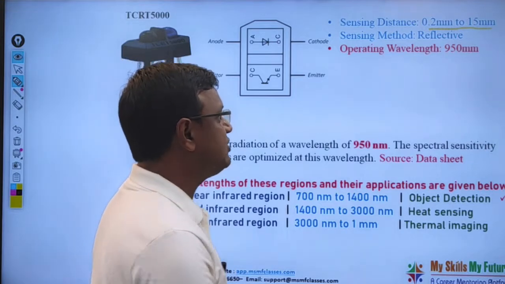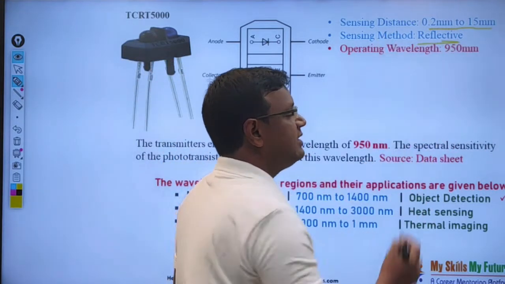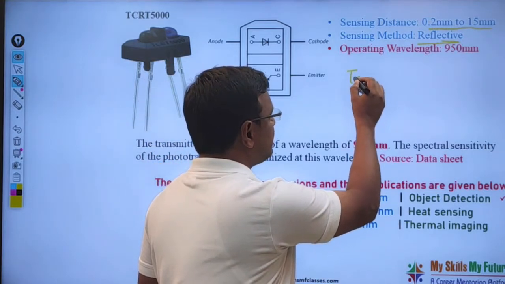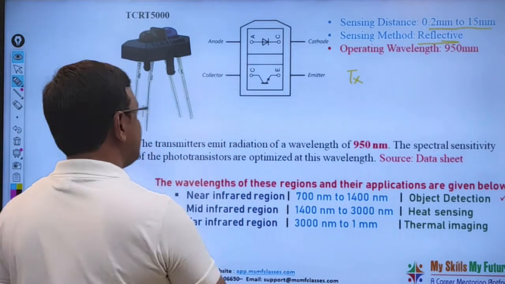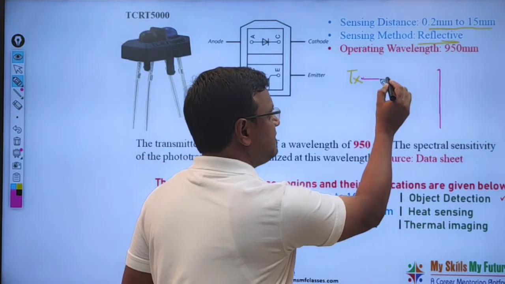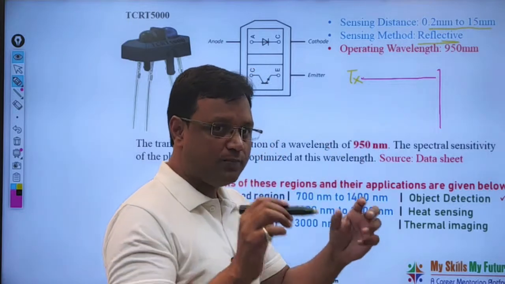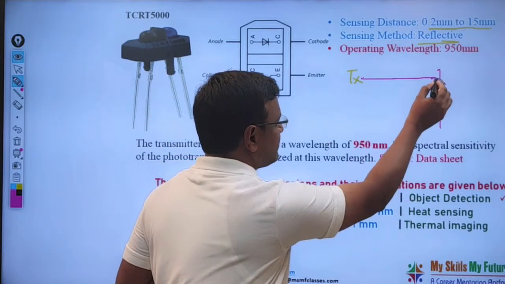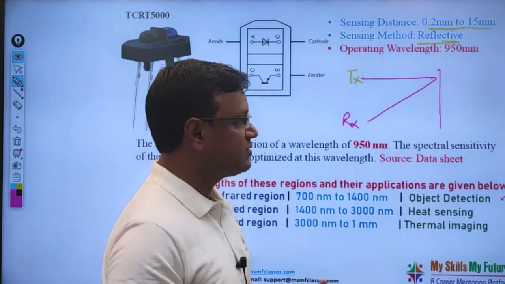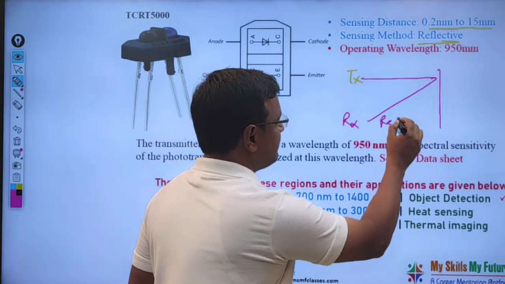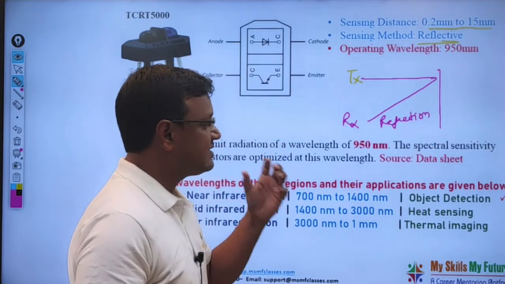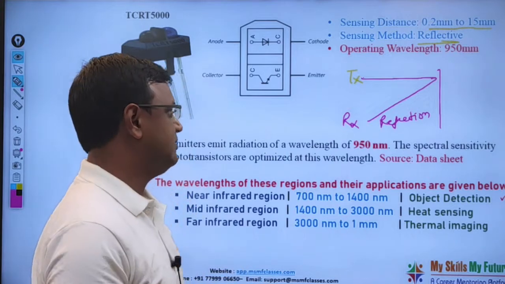Here it is mentioned that it is reflective. What is reflection? Suppose here is a TX, the transmitter, and there is an object. The transmitter transmits light, it falls on the object, and then it reflects back, and here is your RX. This is known as reflection, right? This is your reflection method. So this sensor works on the reflection methodology, right?